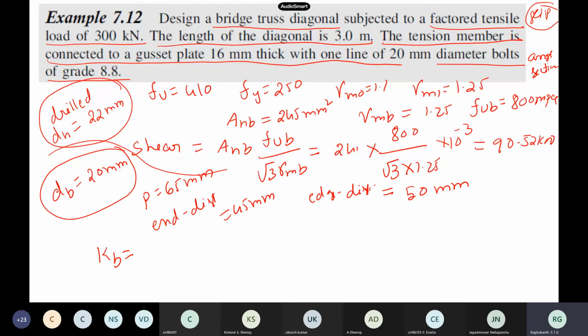So you can calculate E by 3 times D naught, P by 3 times D naught minus 0.25, FUB by FU, all those things, and take the value. Finally KB turns out to be 0.681, and the bearing strength of the bolt turns out to be 2.5 times KB D times T, FU by gamma MB.